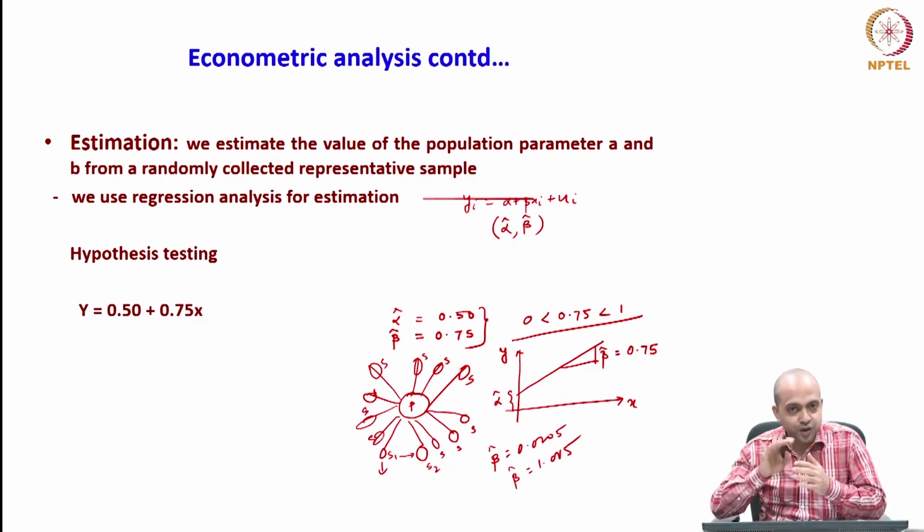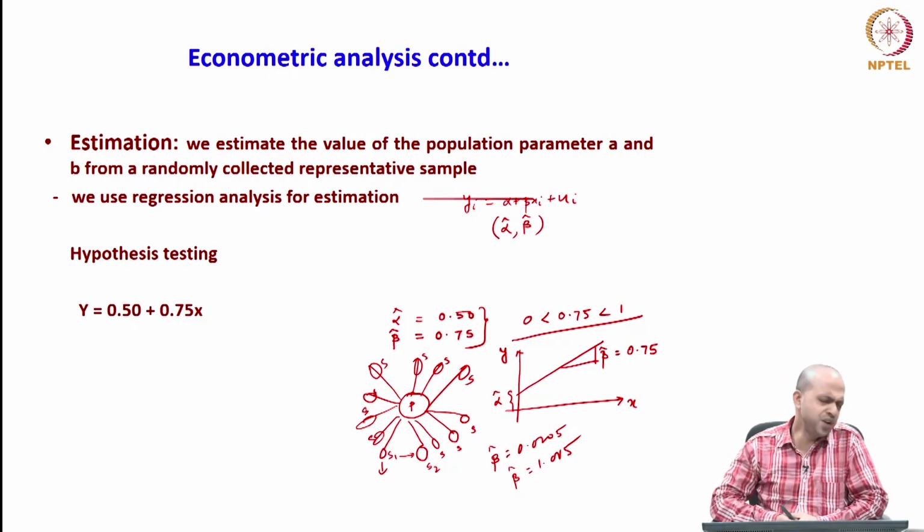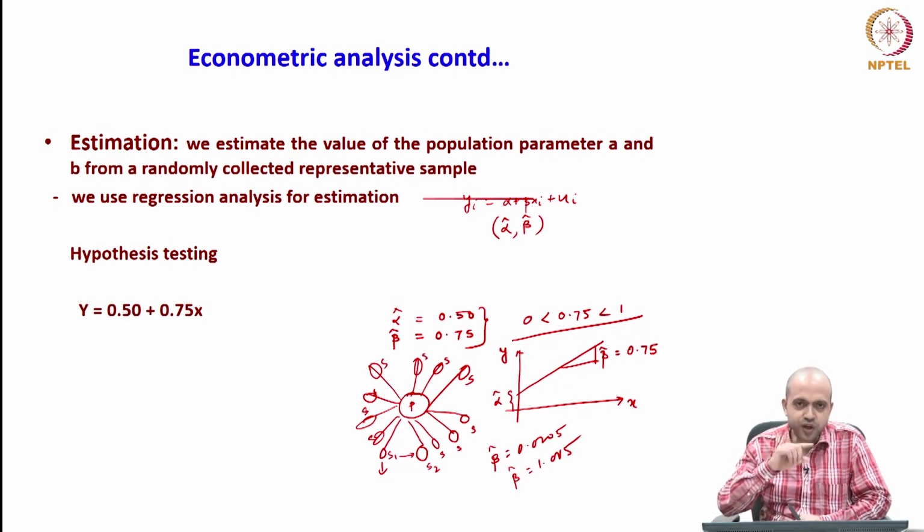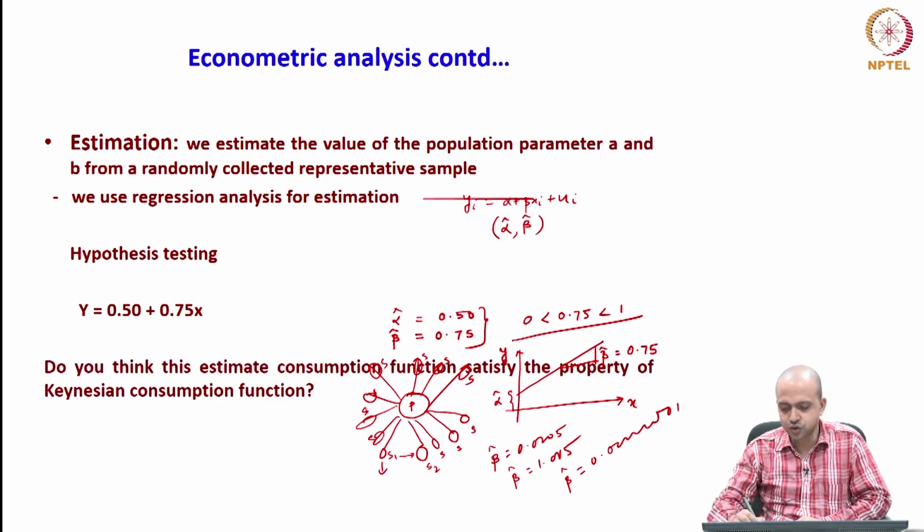What I need to guarantee is that even if I draw n number of samples from the population, in all the samples my beta hat value will come out to be significant. When I say significant, that means it is significantly different from 0, because if the beta hat value is, let us say, 0.00000001, this is almost 0, okay?